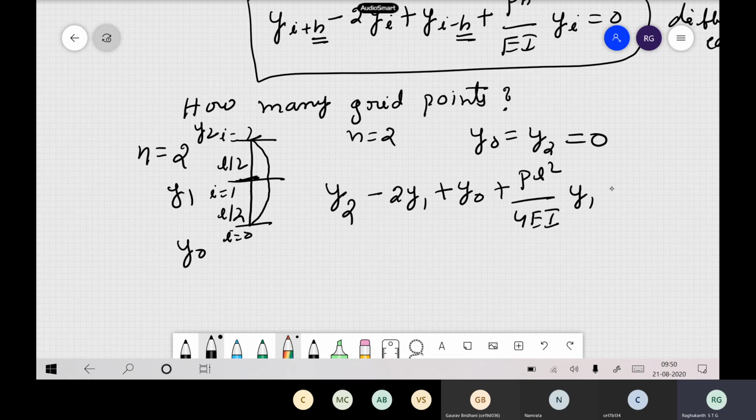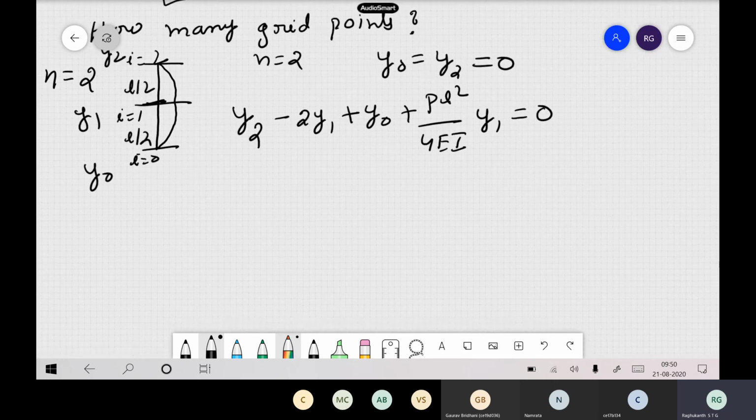Since y0 and y2 are obviously 0, you have only terms in y1. So P L square by 4EI minus 2 is equal to 0.